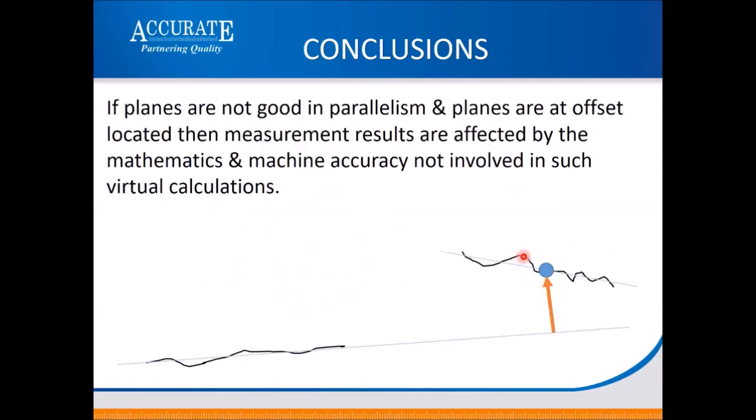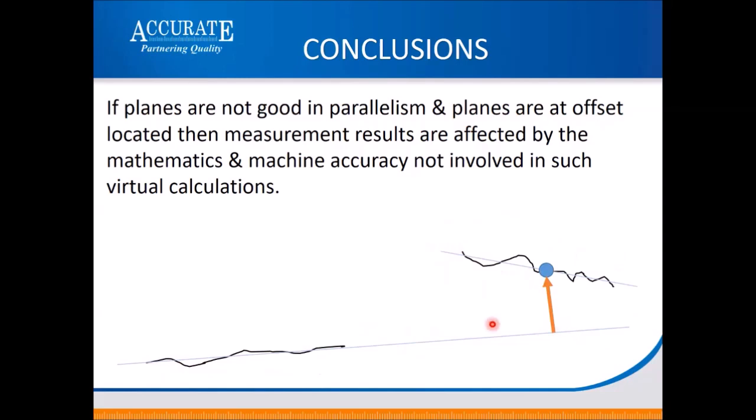Now, the point of conclusion here is, suppose the planes are not parallel, not good in parallelism, and at the same time, the planes are at offset. So this is the main plane you measured. The second plane is not parallel, and at the same time it is far at a certain distance.